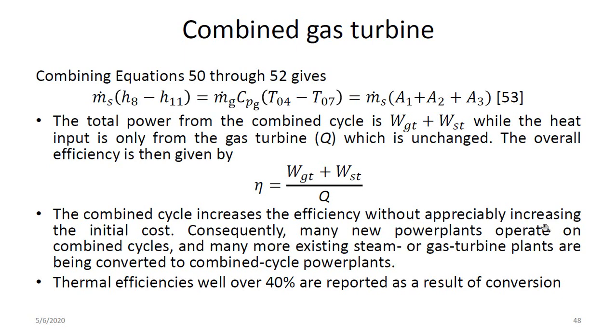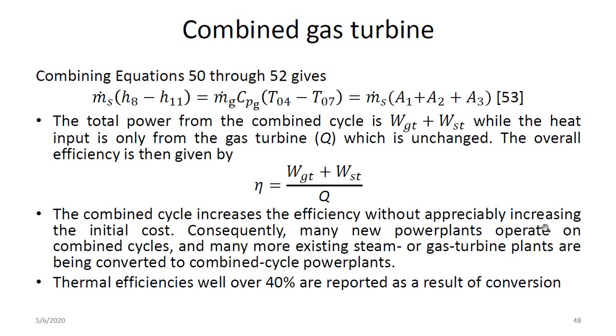So here WGT, this is the work output of the gas turbine itself, then WST is the work output of the steam turbine. Then if you divide that by the work input from the fuel, you get the overall efficiency of the combined gas turbine assembly.